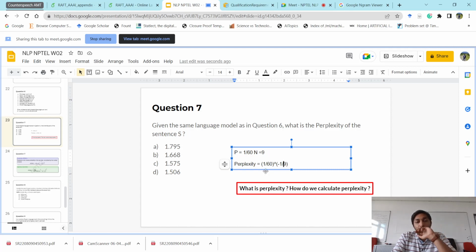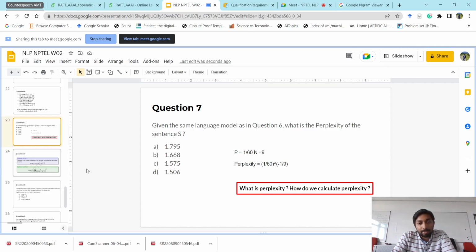If you put it in a calculator, I think we will get the answer C. So you will get 1.57, this one.